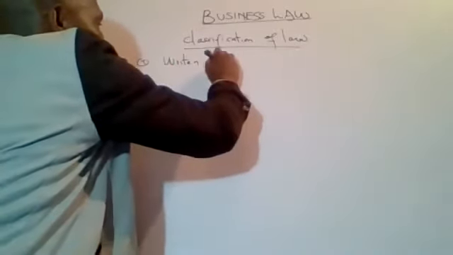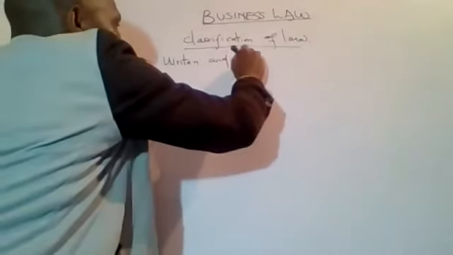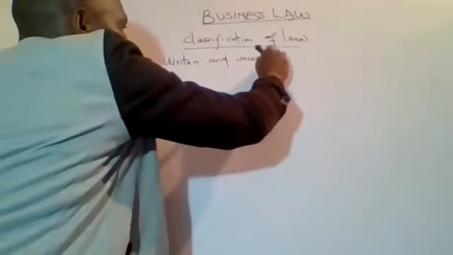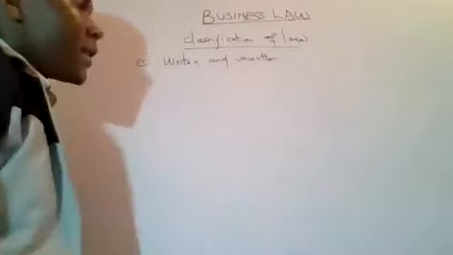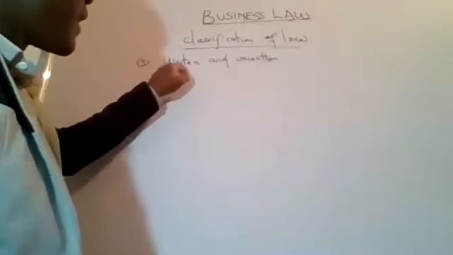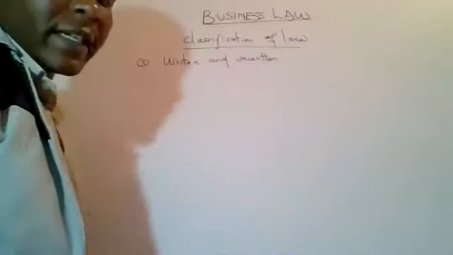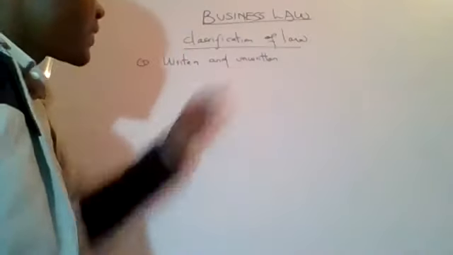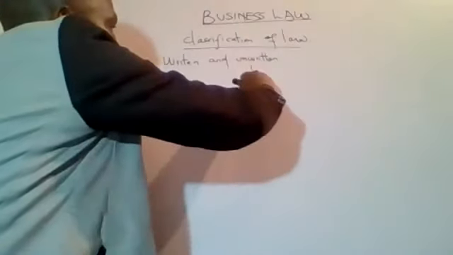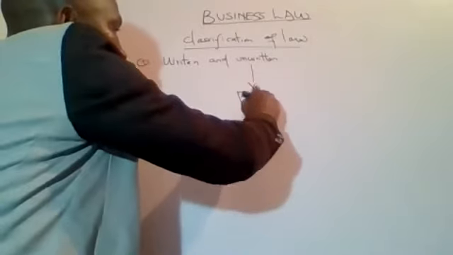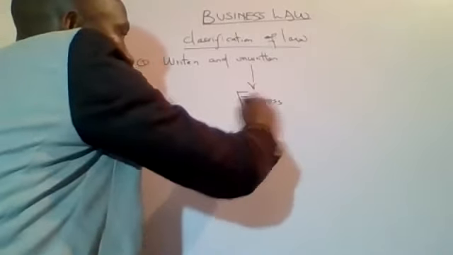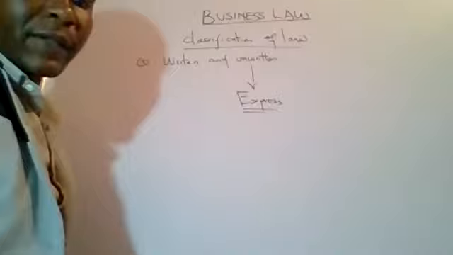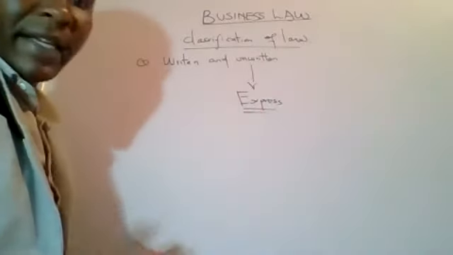So tukisema written law, these are the laws which are what? Are in writing. Then tukisema unwritten laws, hizi ni ya kwanga nini? Express what? Express laws. Inakuanga express, and if you are express, you cannot imply.